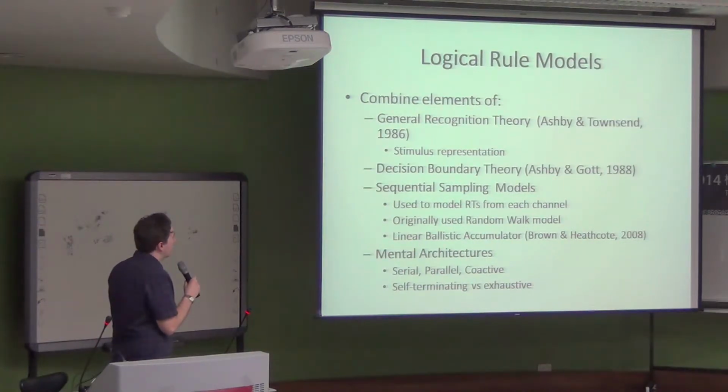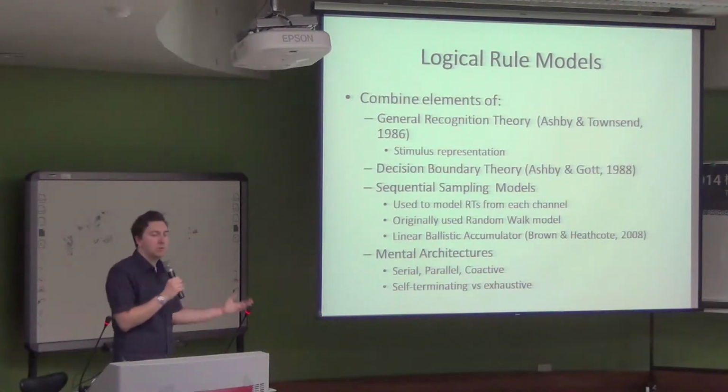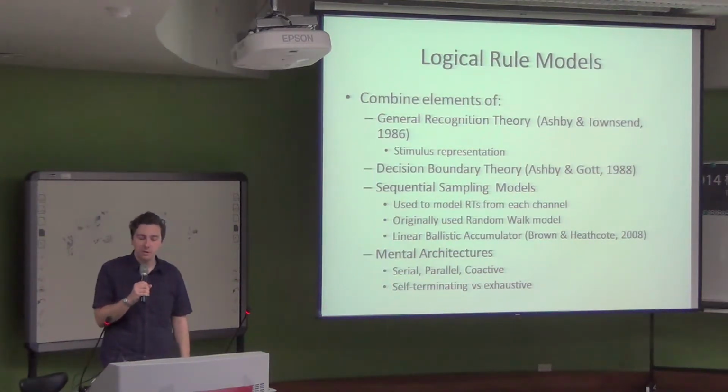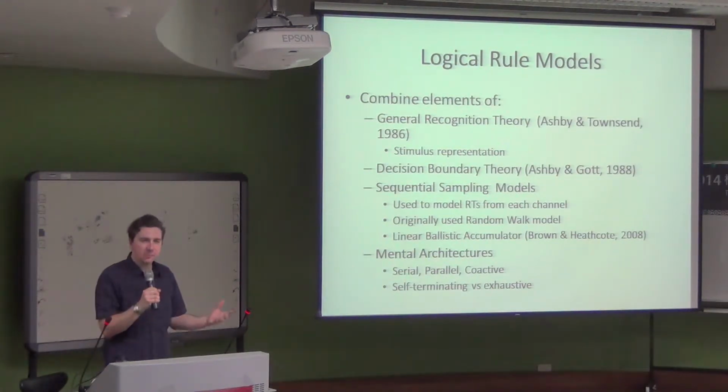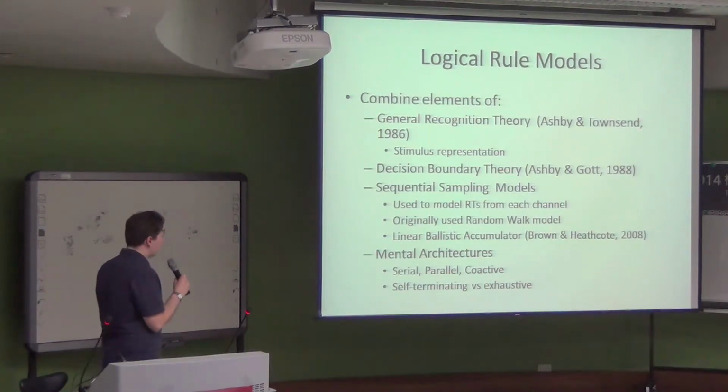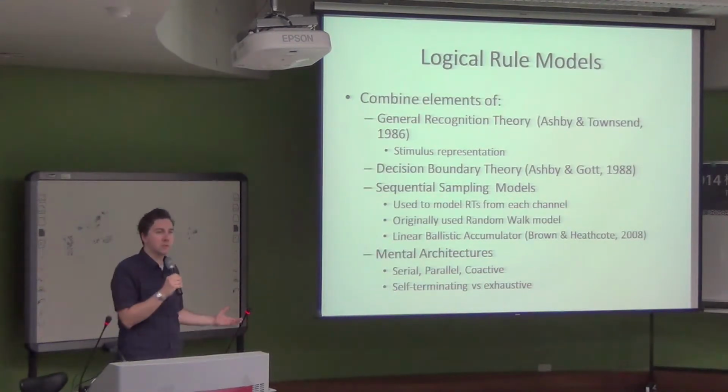In this presentation, I'm not going to use the random walk. I'm going to use the linear ballistic accumulator, which is another type of sequential sampling model, or evidence accumulation model, which I'll describe in a moment. The reasons for that are not wholly important.